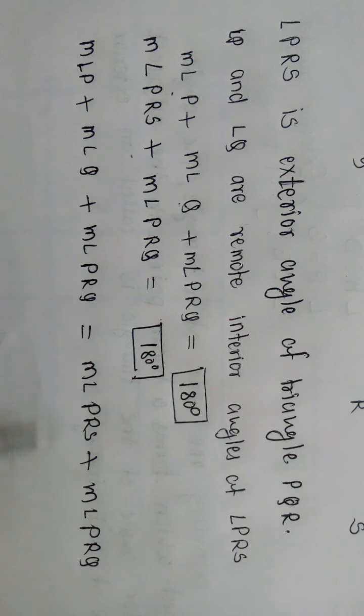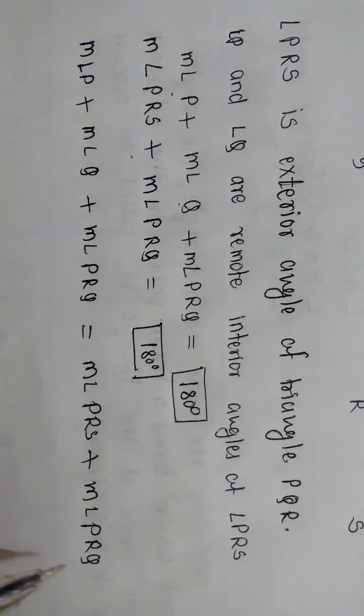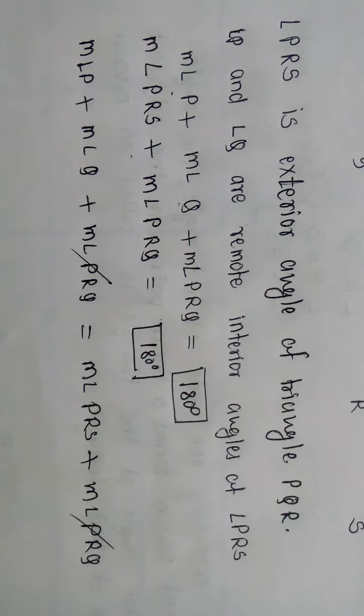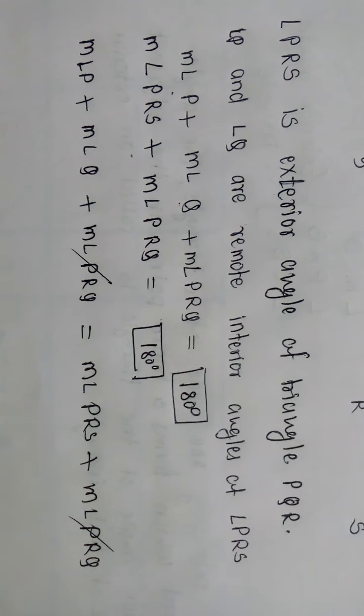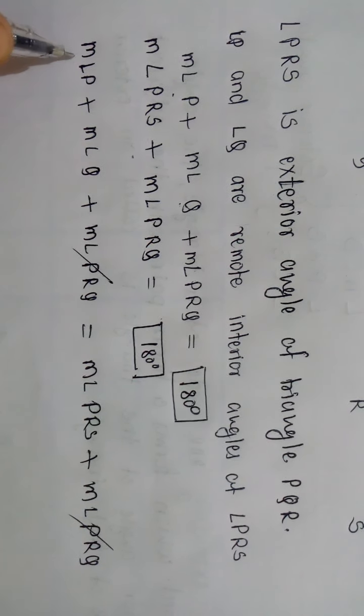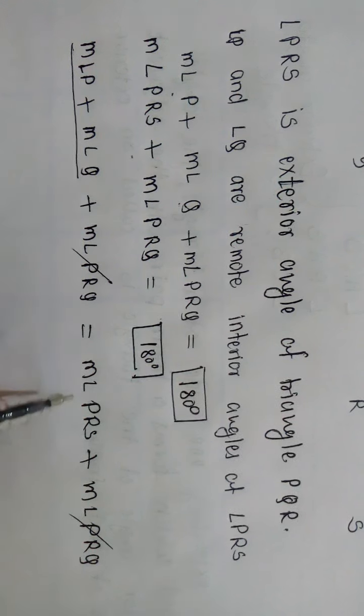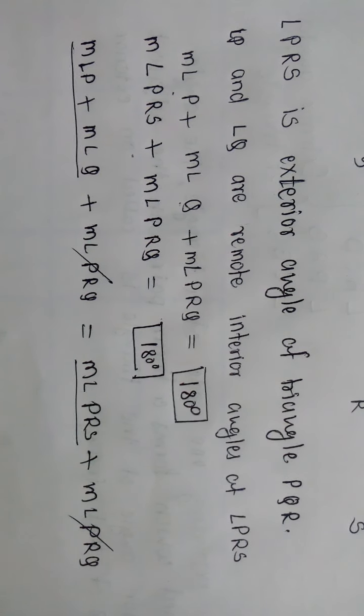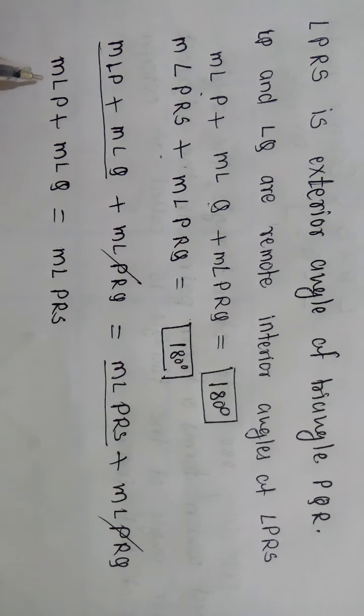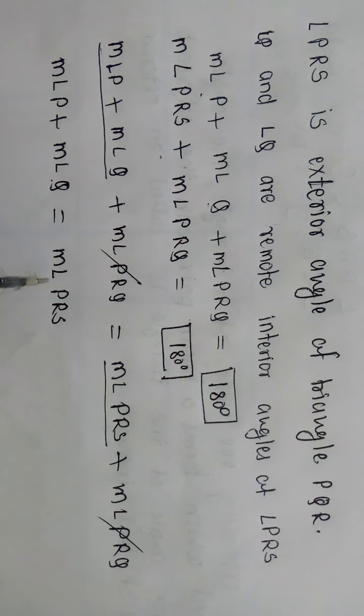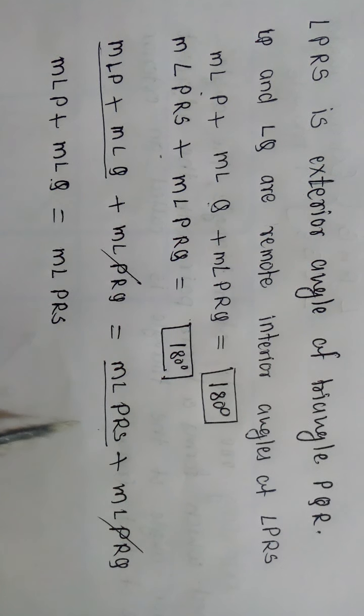Now from both sides, PRQ and PRQ are common, so we can cancel them, otherwise we can subtract them. So what remains? This side, measure of angle P plus Q, and this side, measure of angle PRS. So here it is written: measure of angle P plus measure of angle Q is equal to measure of angle PRS.